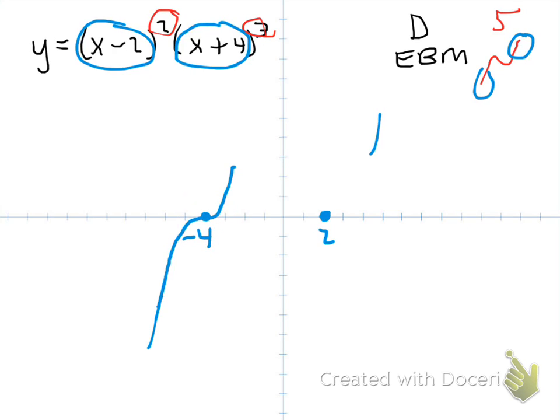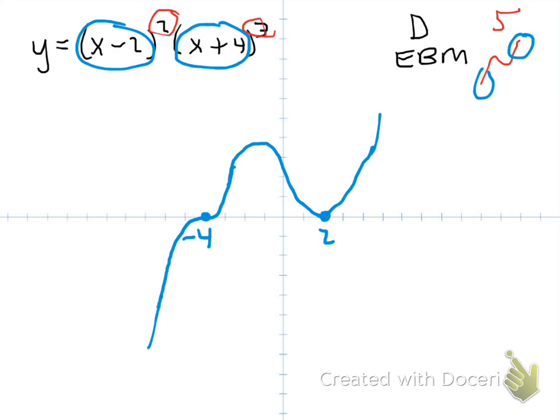So that's that part. Then we're going to look at the next X-intercept of 2, and we have to get to here. We're looking at the 2, and we're looking at the multiplicity. The multiplicity is a 2, so that's a good thing because we have to use our knowledge of that multiplicity. The multiplicity of 2 means we're going to touch the x-axis right there at 2.